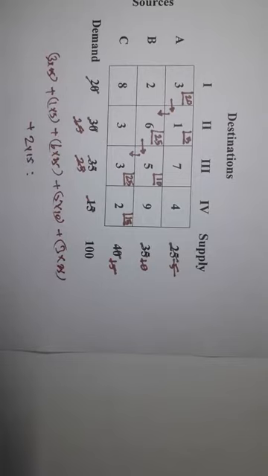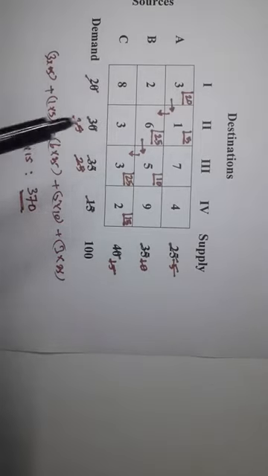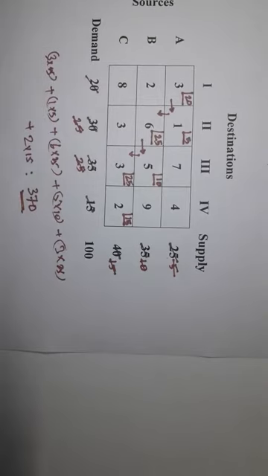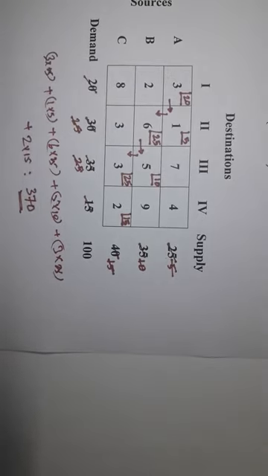The total cost comes to 370. This is the total transportation cost by this allocation. This method we have followed is the northwest corner rule, since we have started from the northwest corner of the table. Thank you.